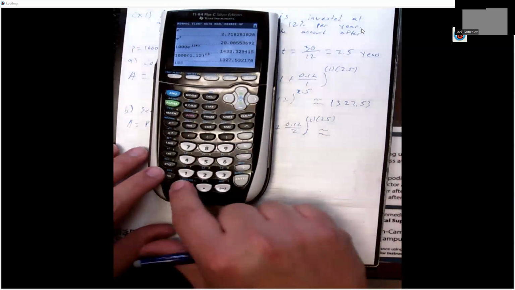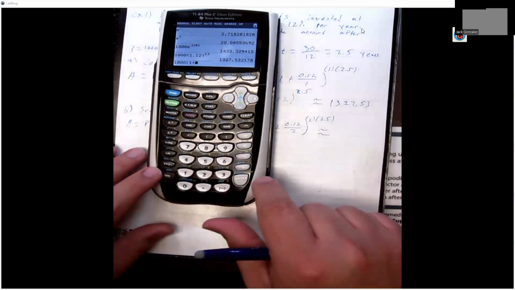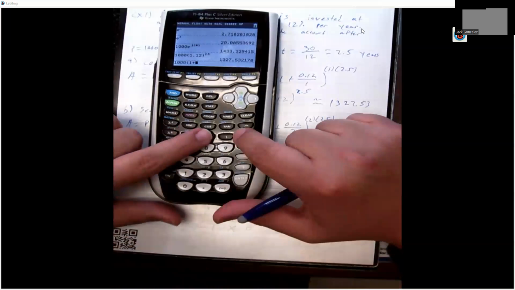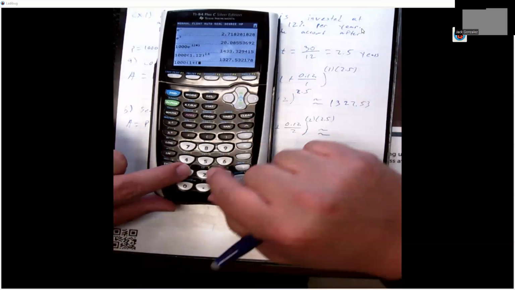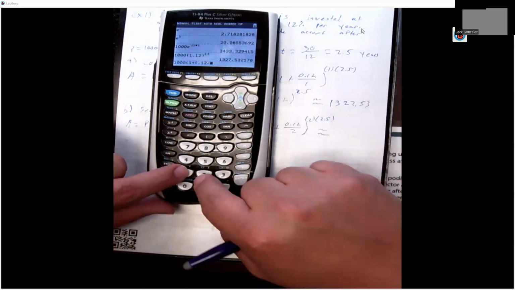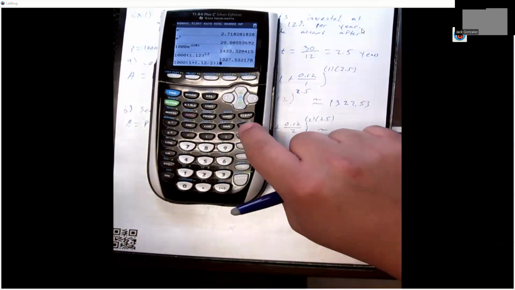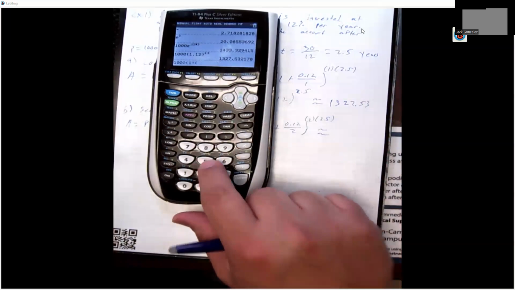So we had 1,000 times 1 plus. At this point, you can either use a fraction button on your calculator or just create your own little parentheses in here. 0.12 divided by 2. So that's the fraction part, to the 2 times 2.5, which is a 5, right?